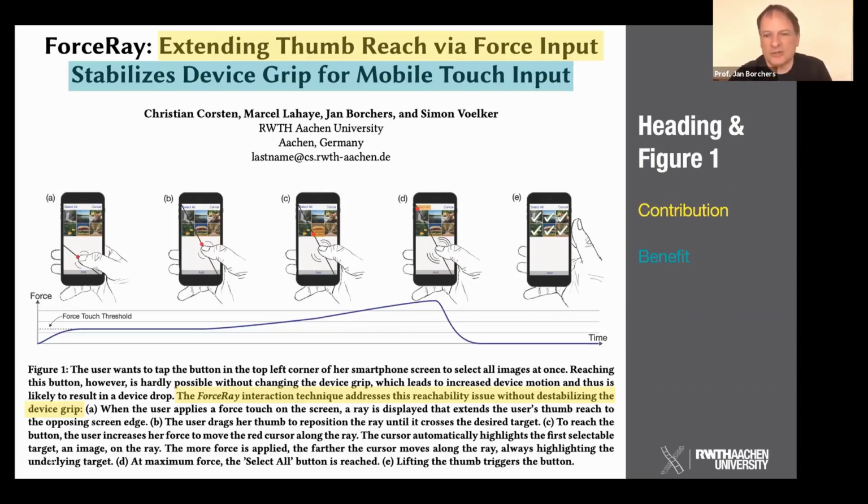Figure 1 is another thing that people often overlook, but a good paper pays very careful attention to designing a great starting figure for that paper. Figure 1 is the first graphic in the paper. It's usually on the first or second page. And it's usually the first thing people look at after reading the title, even before reading the abstract, simply because your eye is drawn to the graphic.